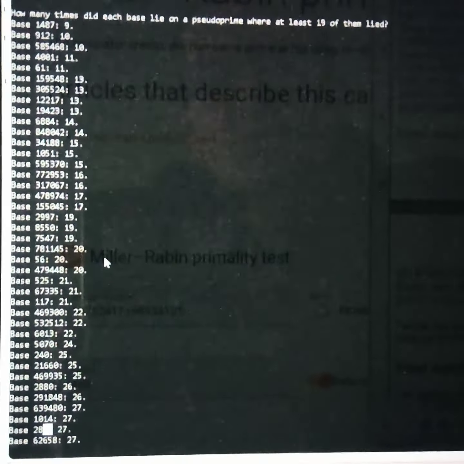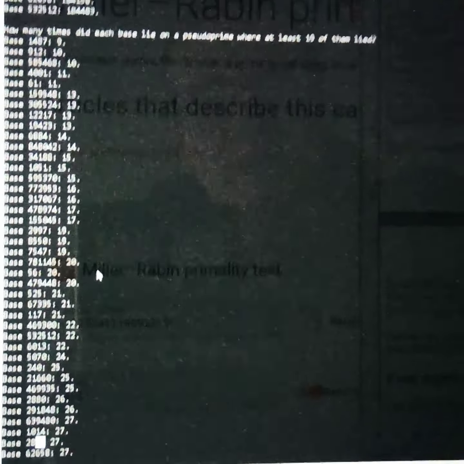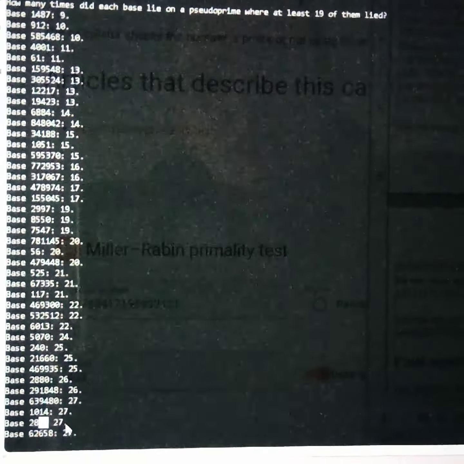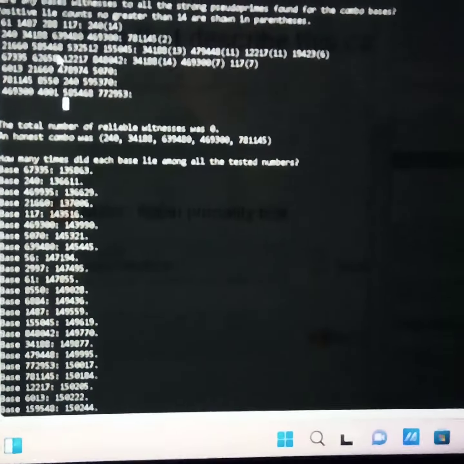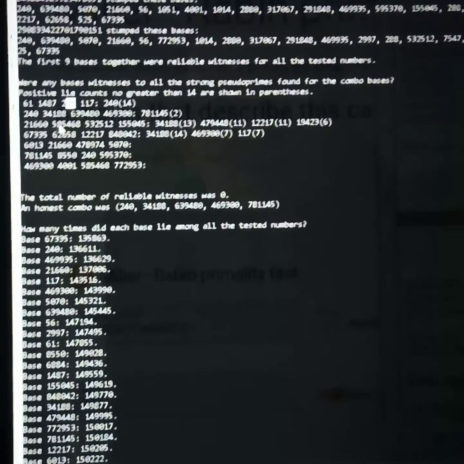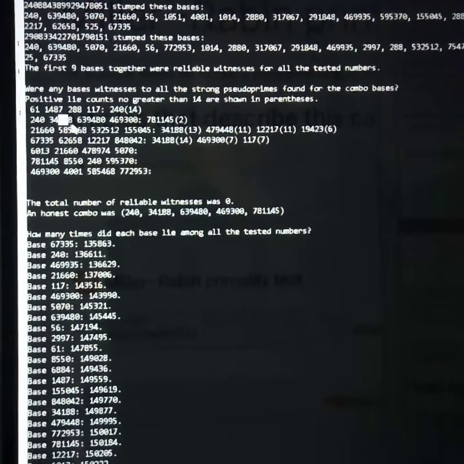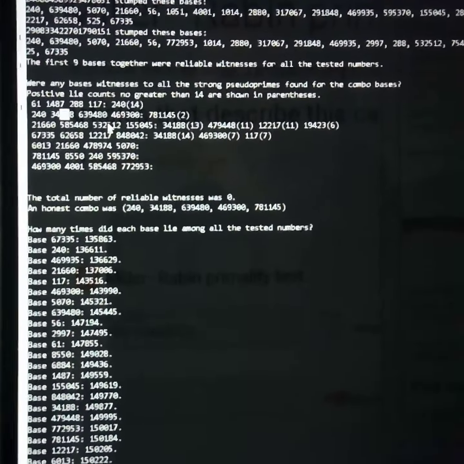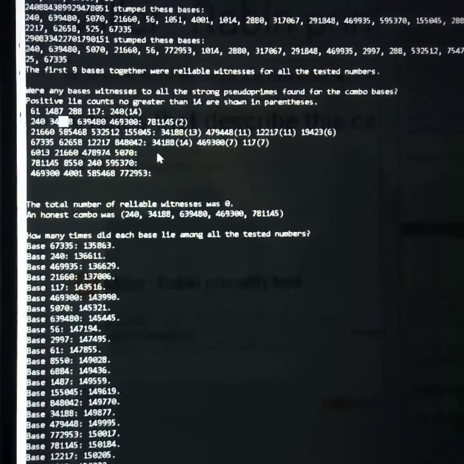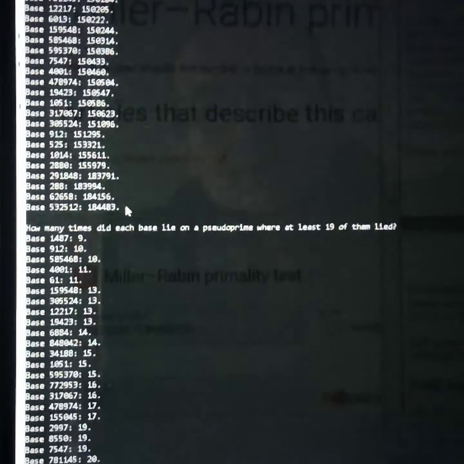If there were only 2 of such bases, or 1 of them, then I expect they would lie a lot less on these numbers. Because in these honest combinations, here's 288, 34,188, at least one of these bases also has square free part 2. Almost every honest combination that I've found has a square free 2 in it.